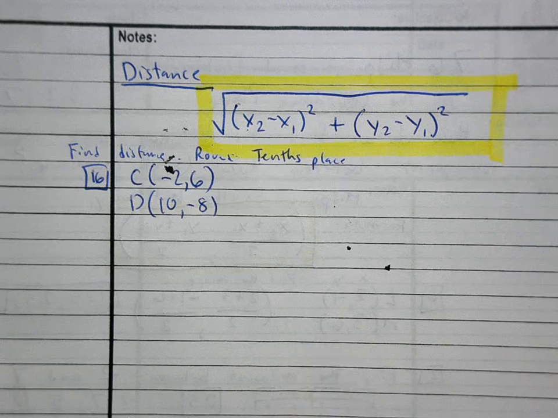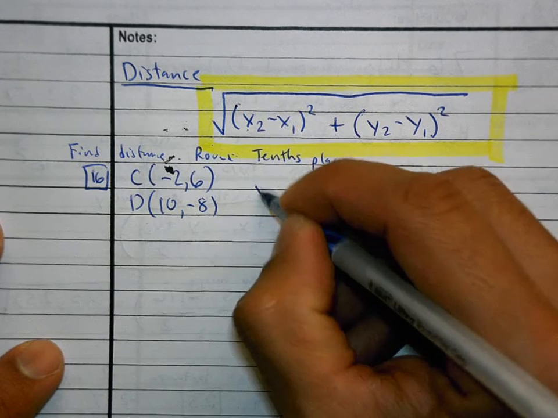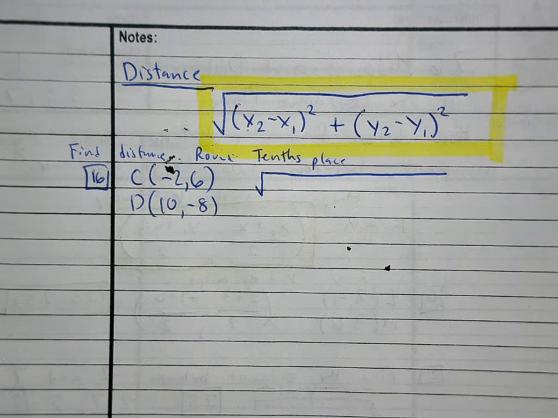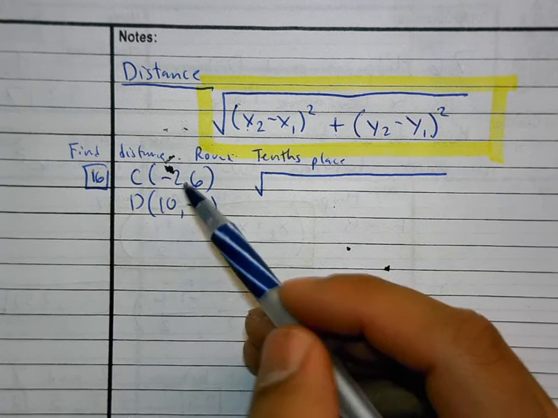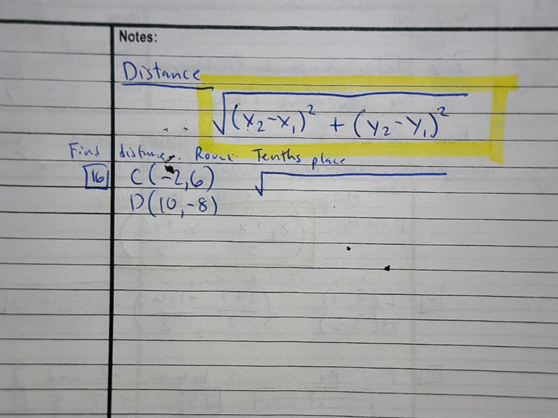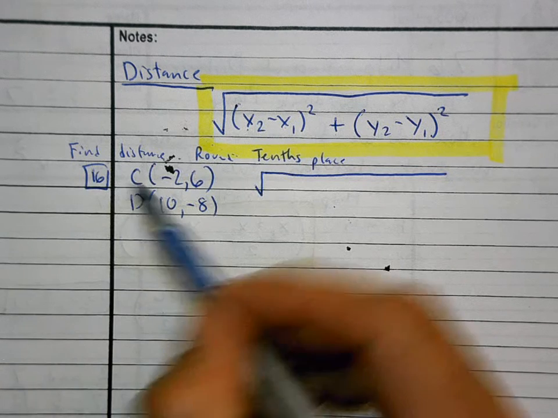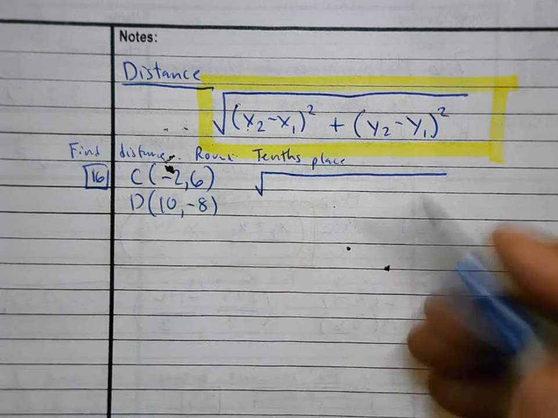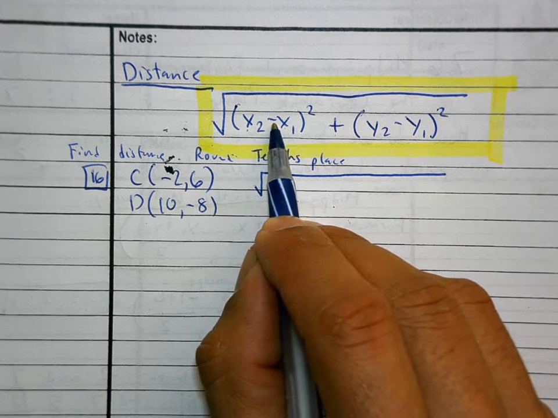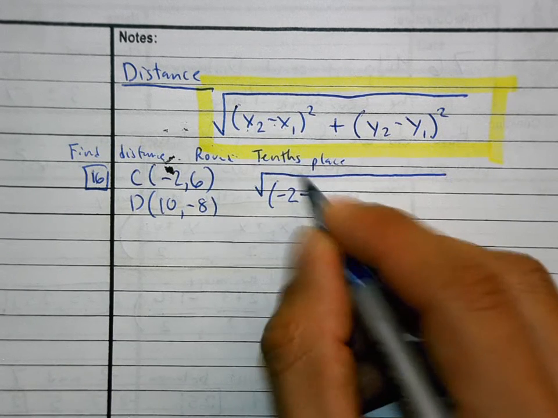Here's what I mean. When I go into this formula, I decide which x I am going to start with. Do you want to start with the -2 or the 10? It doesn't matter. You just make a decision. Let's start with the -2. -2, then I have to subtract the x1.